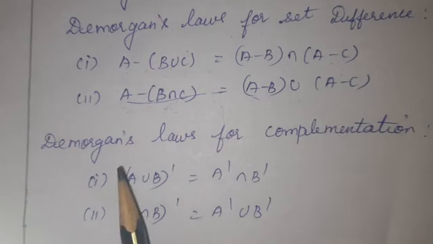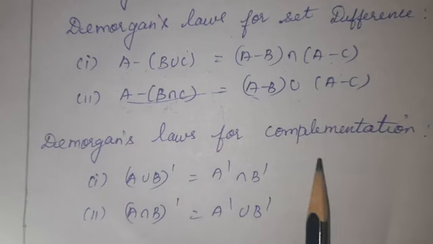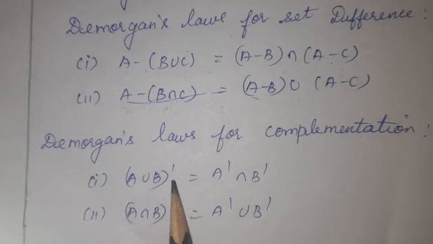Next we will see De Morgan's laws for complementation. (A union B) complement is equal to A complement intersection B complement. Second one, (A intersection B) complement is equal to A complement union B complement.